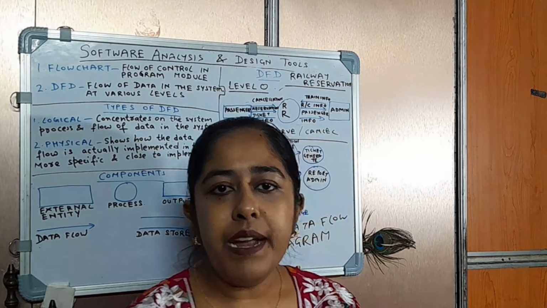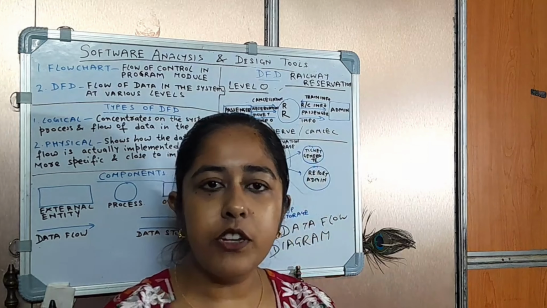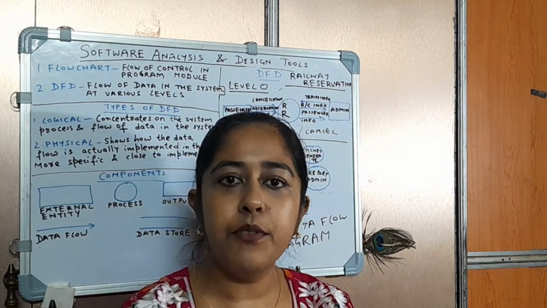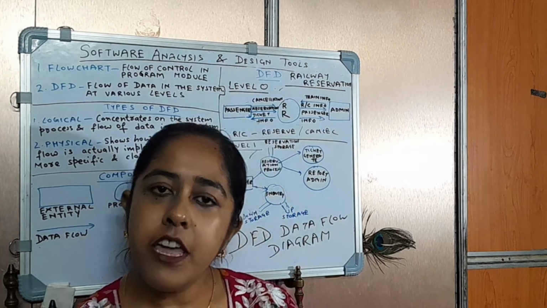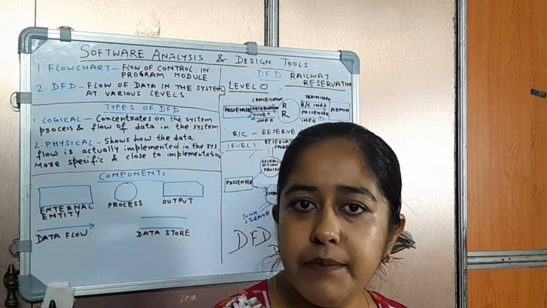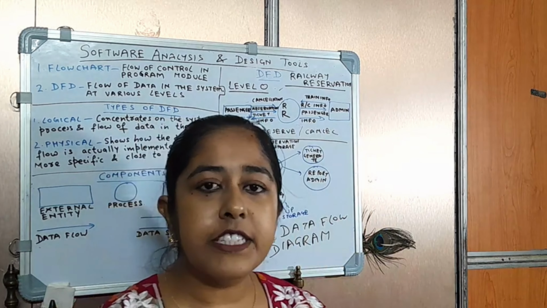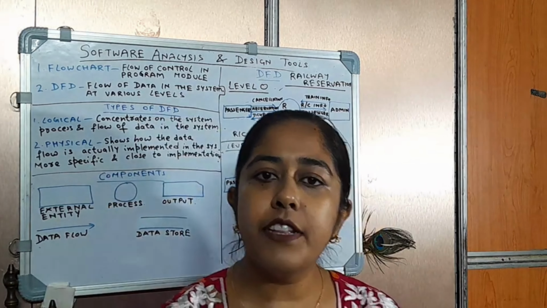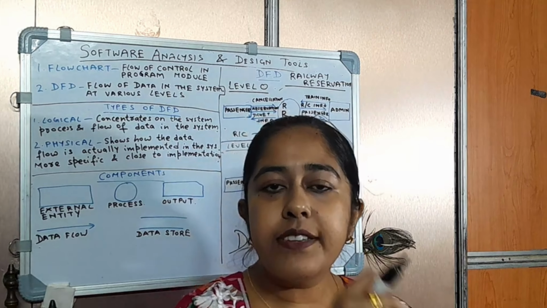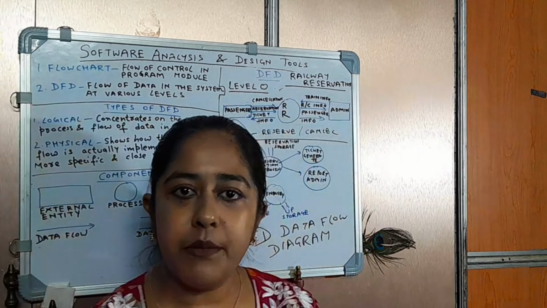A simple step: this is my system, the whole process, this is the input, this is the output, and this is the stored data or the process in my DFD. But here you are not going to give a whole description. Then when you go to level 1, you give some more description about your DFD.